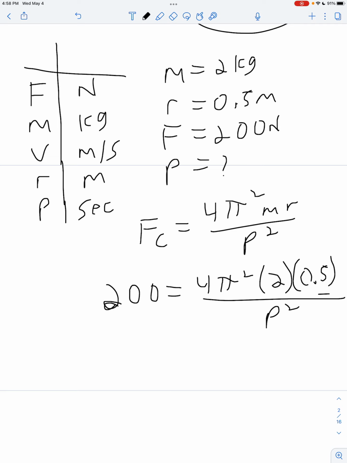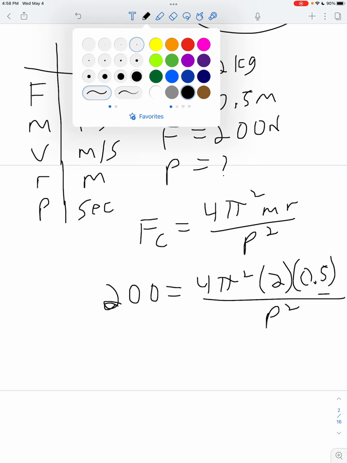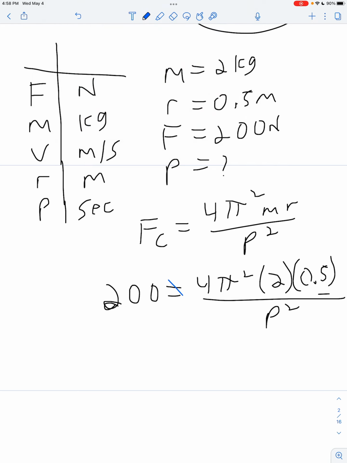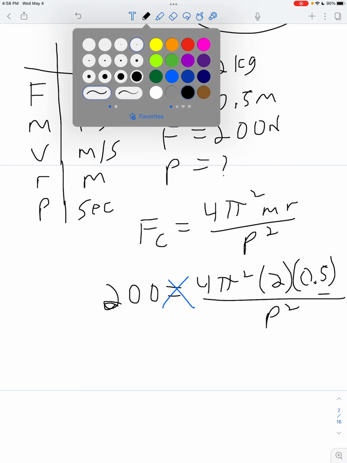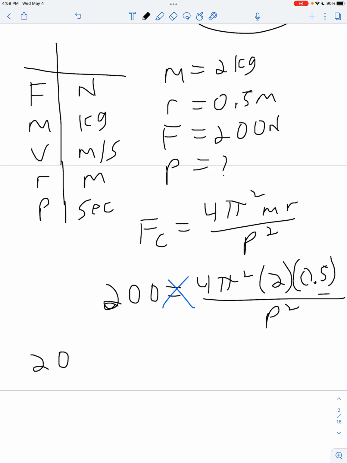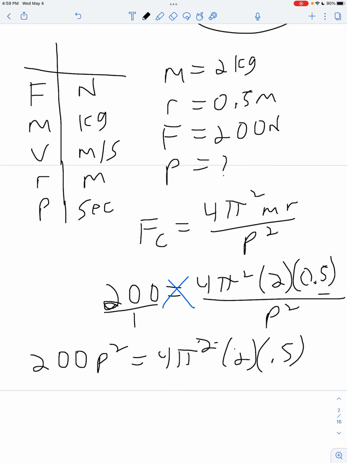Okay, I can do this two ways. I can cross multiply now, or I can cross multiply later. I'm going to cross multiply now. So I get 200 p squared equals, and then this is over 1, so I get 1 times 4 pi squared times 2 times 0.5.